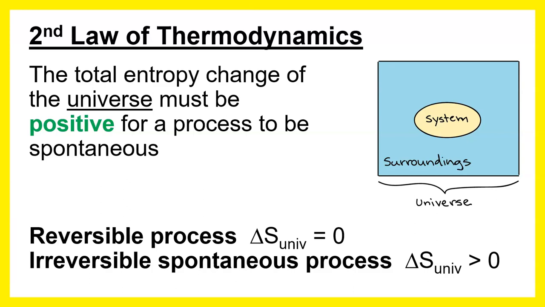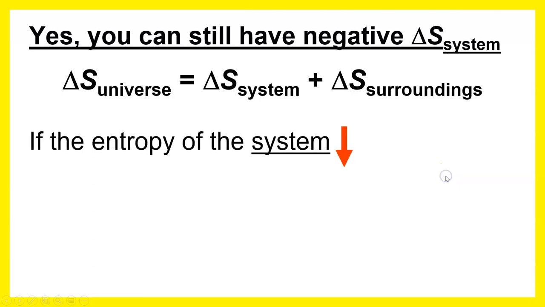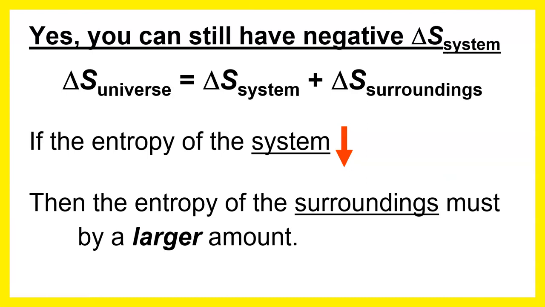We can still have a negative entropy for the system as long as the change in the surroundings can overcome it. So when we think about the universe, that's really saying system plus surroundings. If the entropy of your system is decreasing, then the entropy of your surroundings needs to increase by an even larger amount.